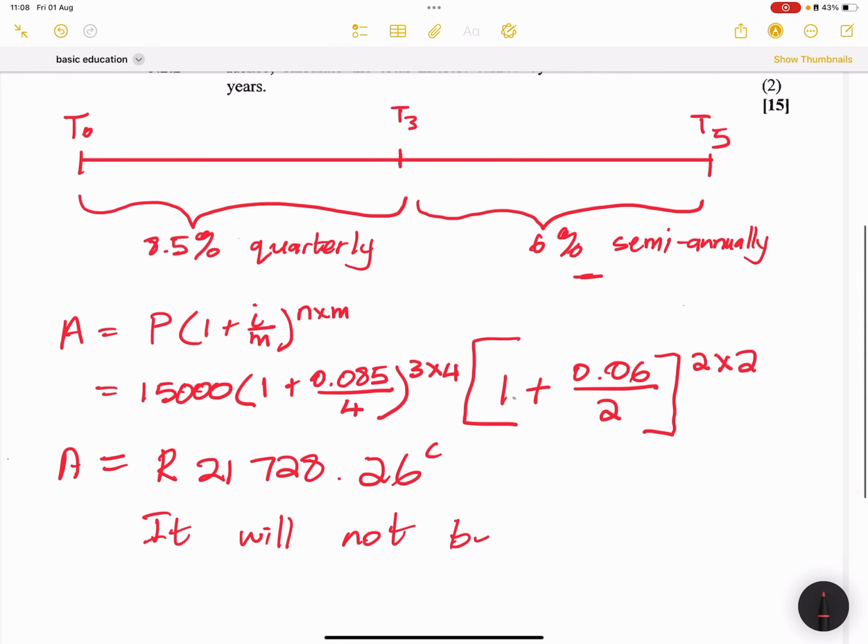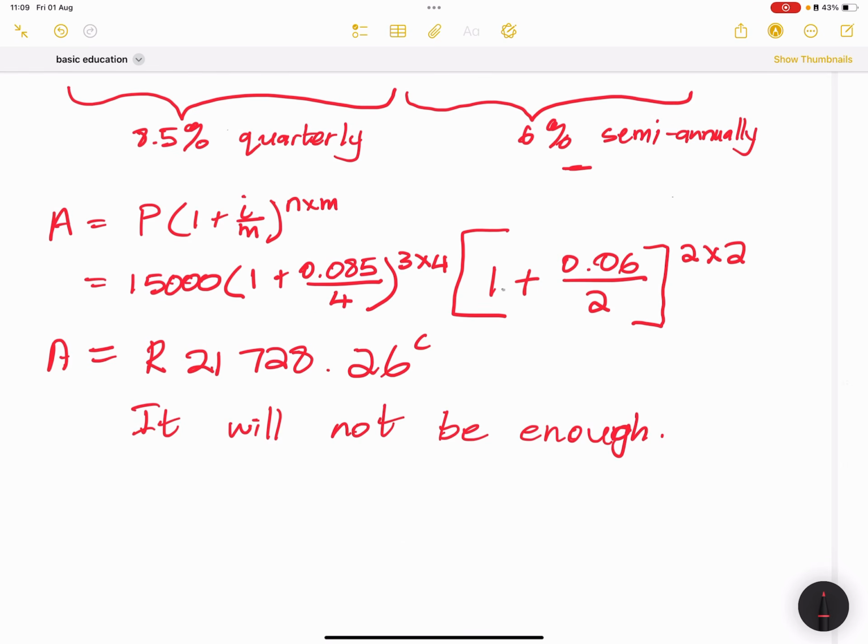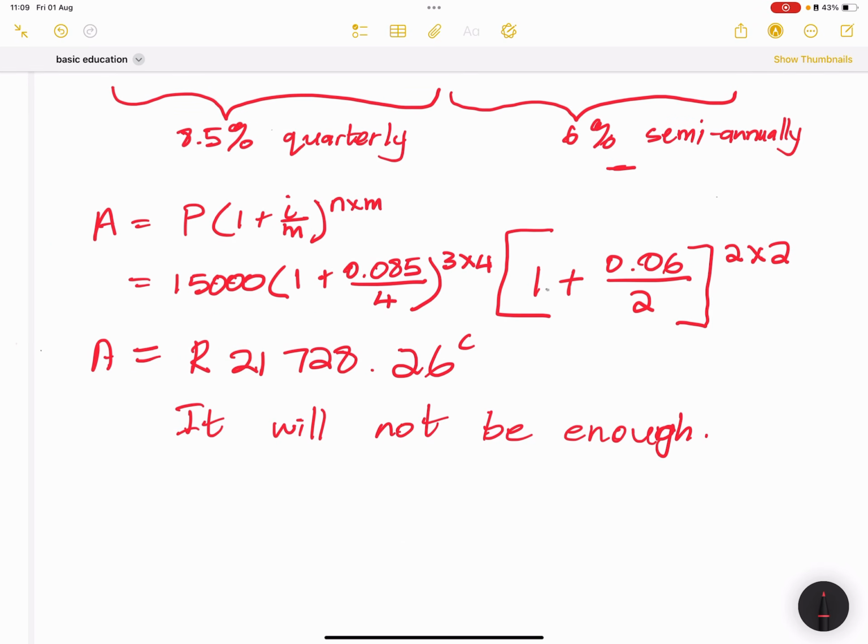Right. So they said, hence, calculate the total interest earned by the investment over the 5 years. Now, I want you to note that we have accumulated to this amount. So in this case, how much did we actually deposit?